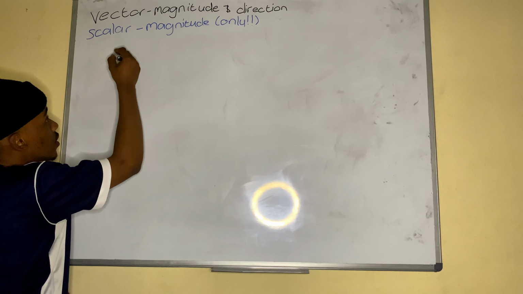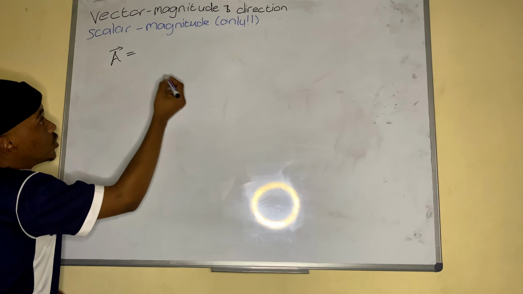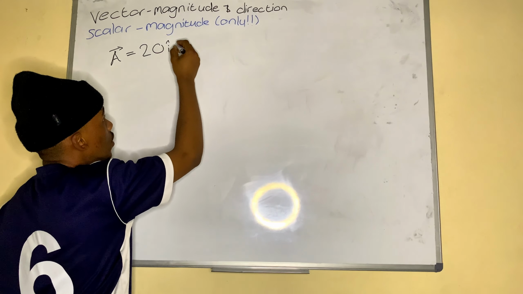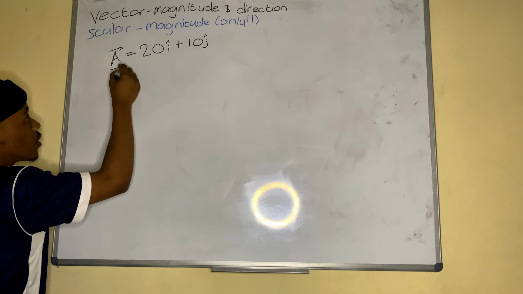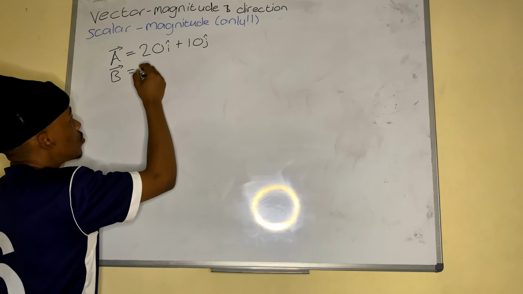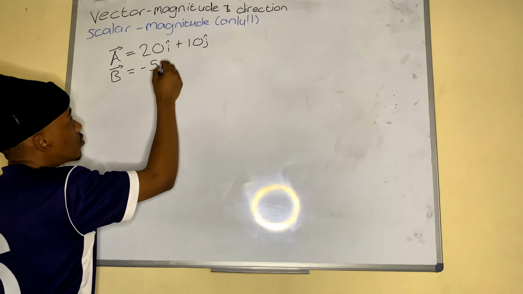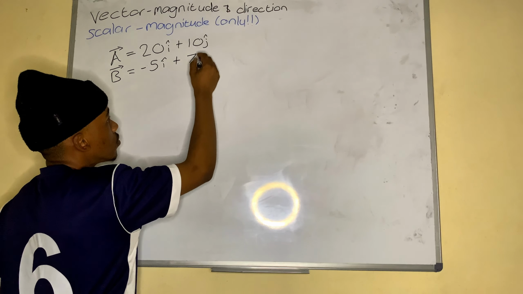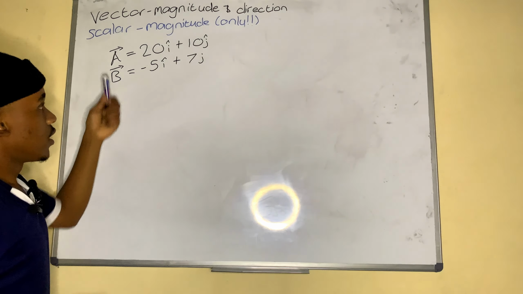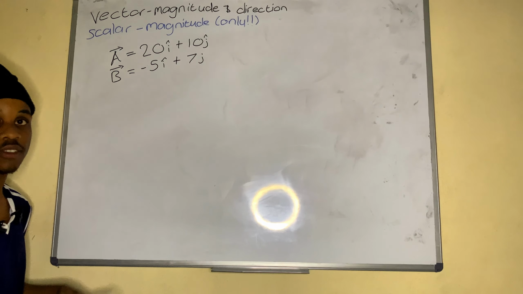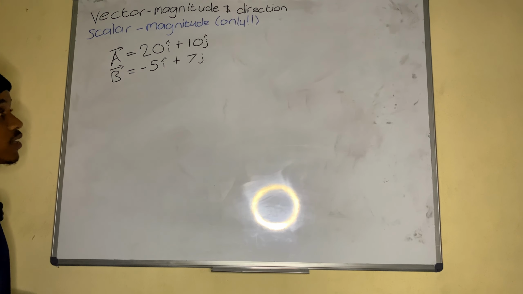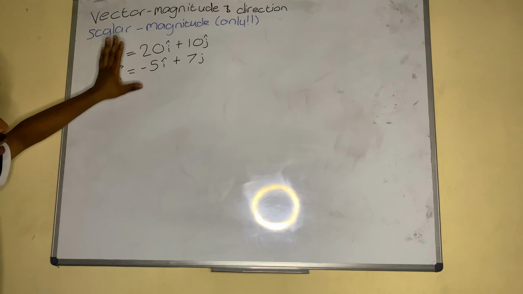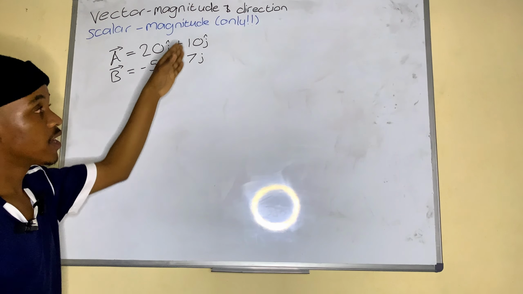If we've got vector A, which is equal to 20, so here we're given our two vectors, vector A and vector B. Adding these two vectors, as mentioned before, we'll have to add the components that lie in the x direction together and the components that lie in the y direction together.